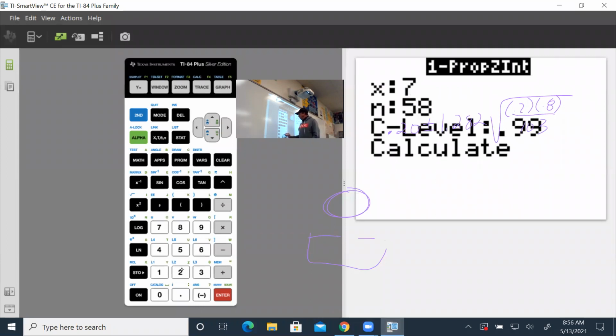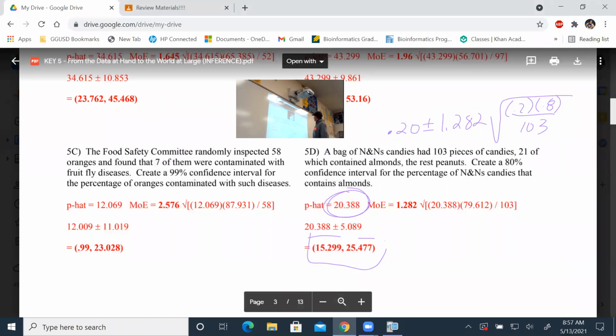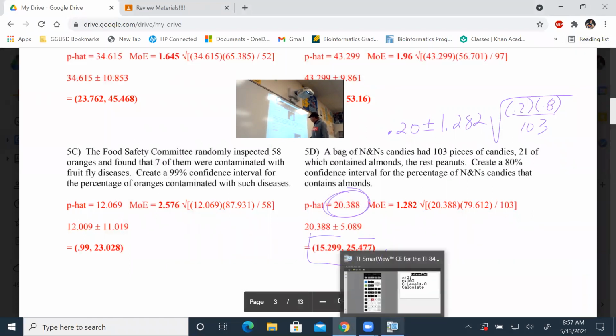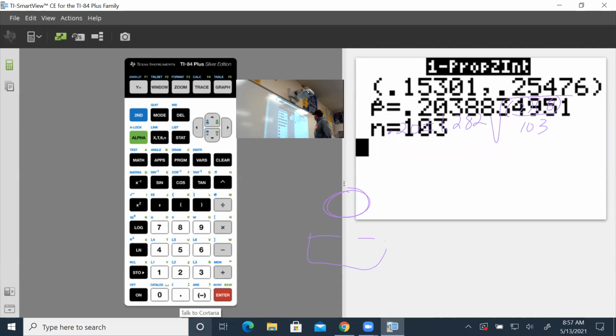So here's 21. Here is 103. And it was 80%, 0.8. Let's check one more time. Yeah, 80% interval, 0.8. Back and forth, and this is pretty hard for me. All right, 0.8. Calculate. Boom. Between 15% and 25% is where we think the truth is.